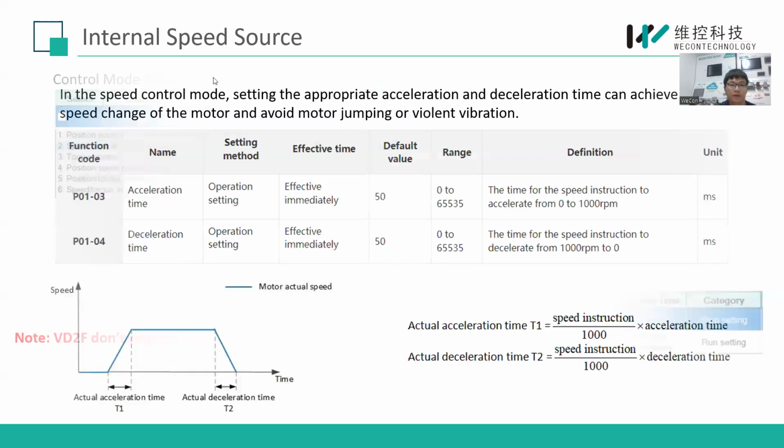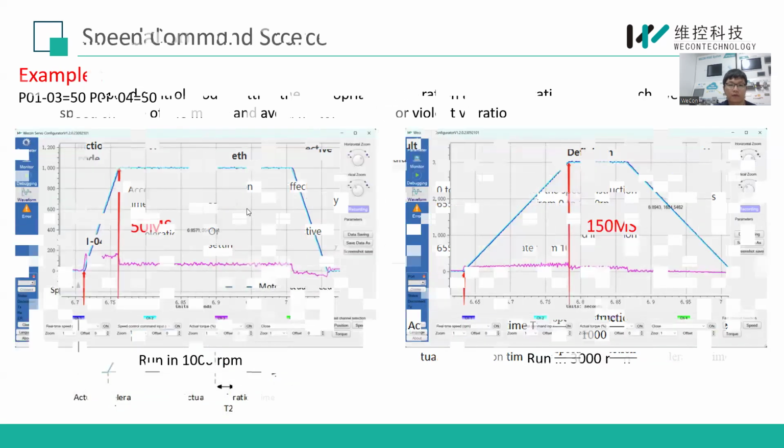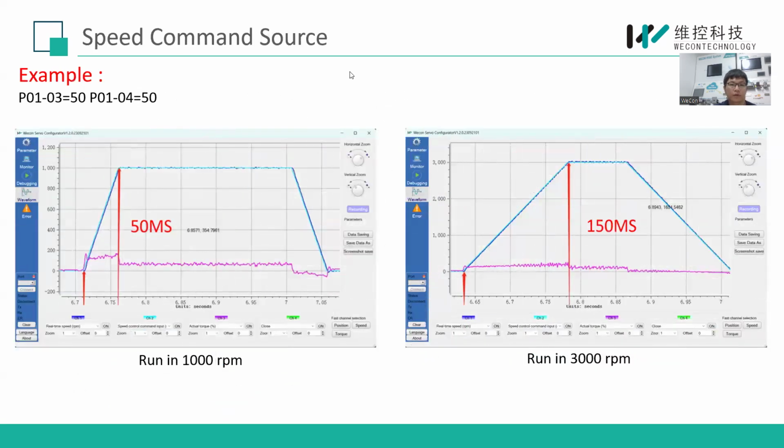The next part is acceleration time and deceleration time. For these two parameters, the unit is ms, but it is from 0 to 1000 RPM. So it's not from 0 to our target speed. From this picture, on the left, our target speed is 1000 RPM, and we set these two parameters as 50.